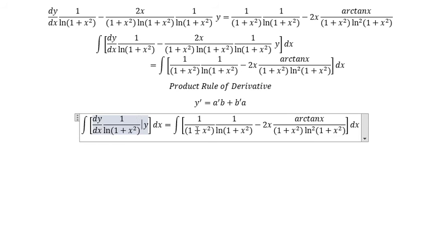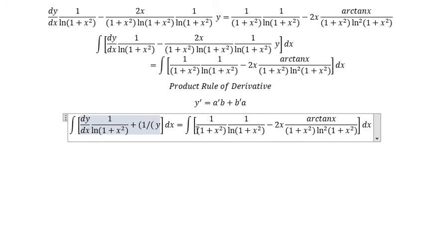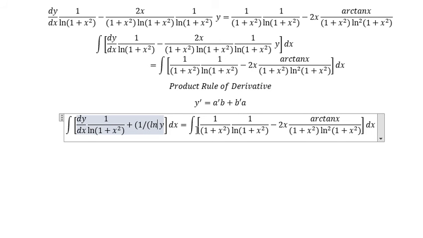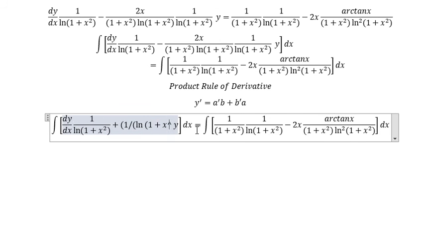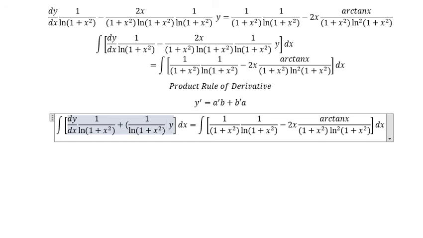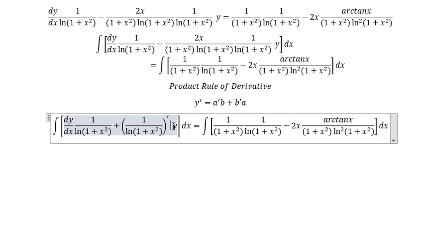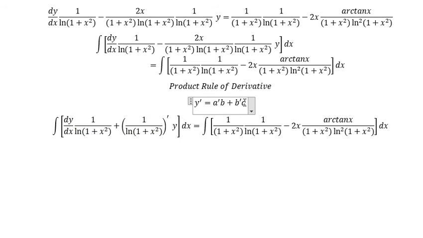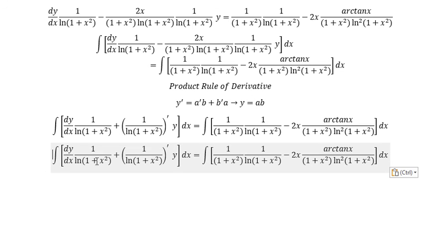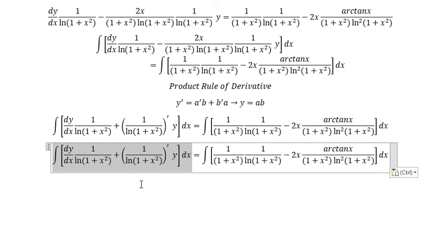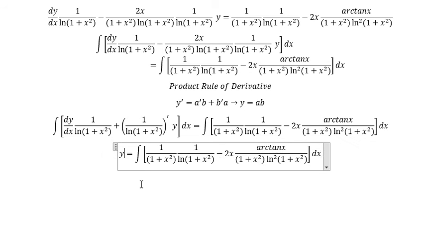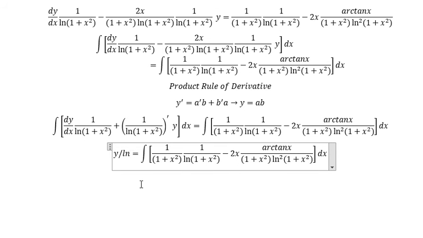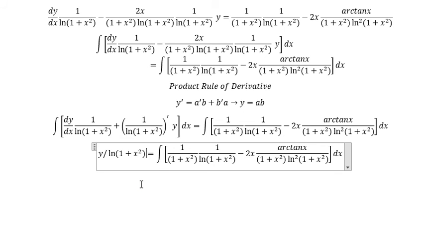This one is the first derivative of 1 over ln of 1 plus x squared in here, multiplied by a. So the integration of this one, we have y equals ab. So the integration of this one in here, we have y over ln of 1 plus x squared.